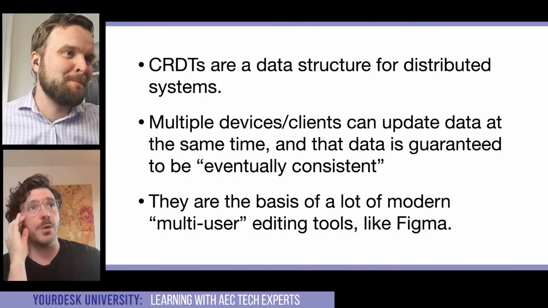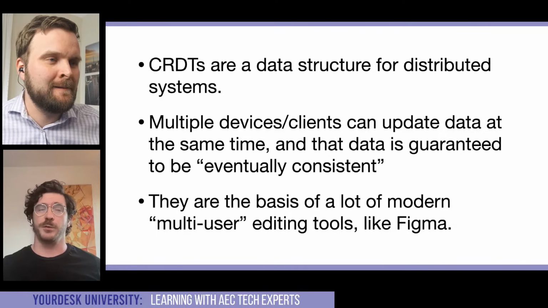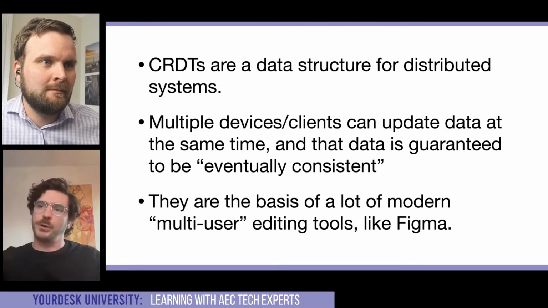But the most important thing to know as a user is that you don't actually have to implement this complicated system. There are existing libraries you can rely on that let you do this. Back to the idea of abstraction. Right, exactly. So the most important things to know are that CRDTs are fundamentally a data structure for distributed systems. They are designed for multiple people looking at the same information and needing to see the same thing.